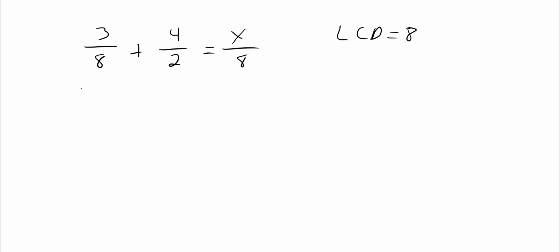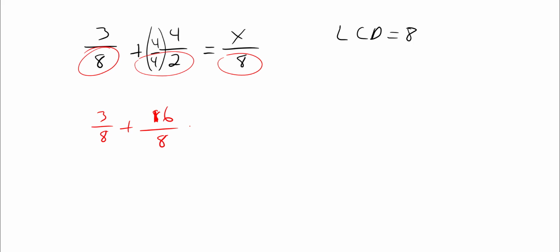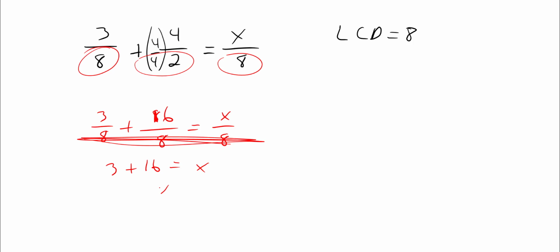Just like what we did to add stuff together, you get a common denominator. This is the only one you have to multiply, by 4 over 4, because that gives you an 8, an 8, and an 8 in the denominators. So I get 3/8 plus 16 eighths equals x over 8. I cross those off and just have the top to deal with. So 3 plus 16 equals x, so x equals 19. And that's the answer to that problem.